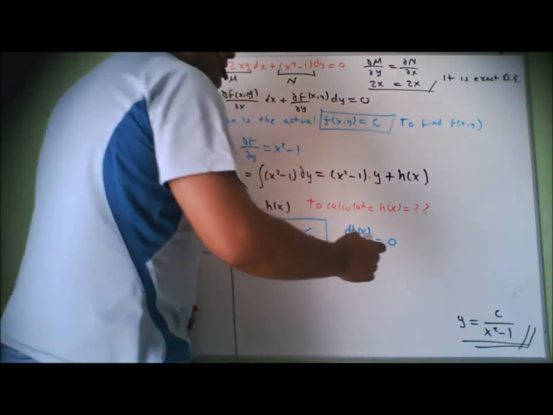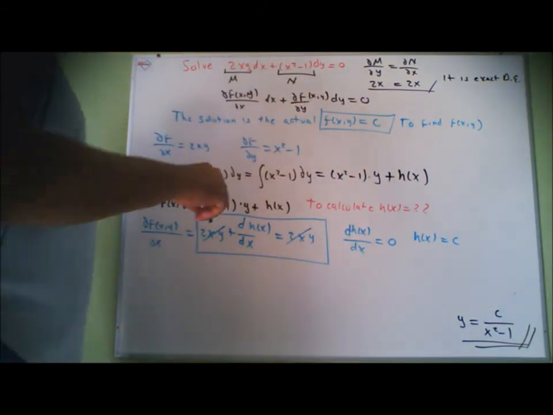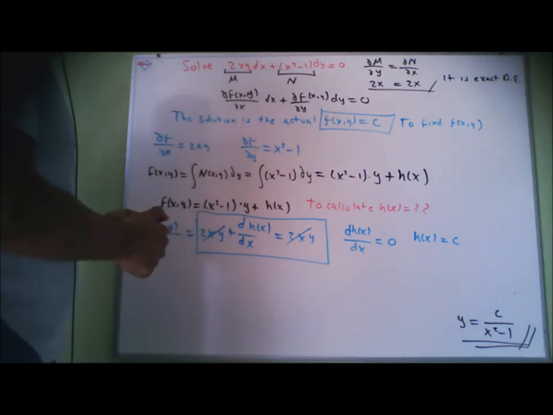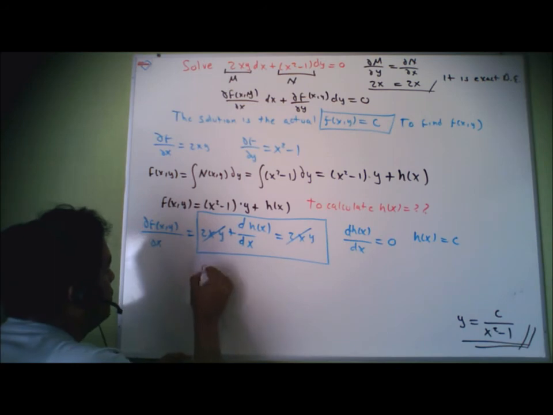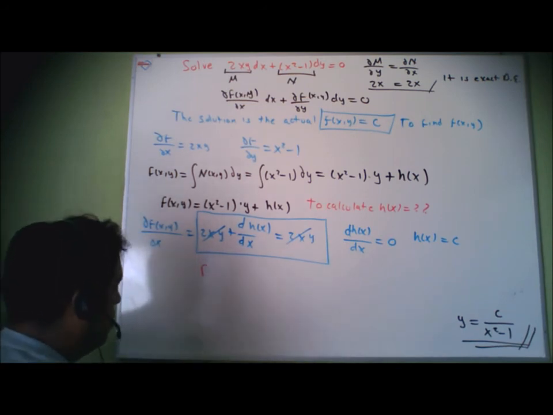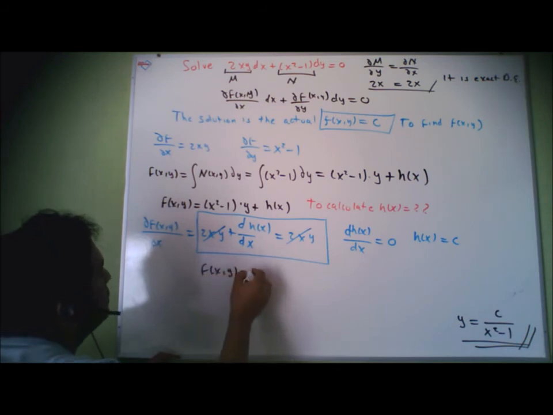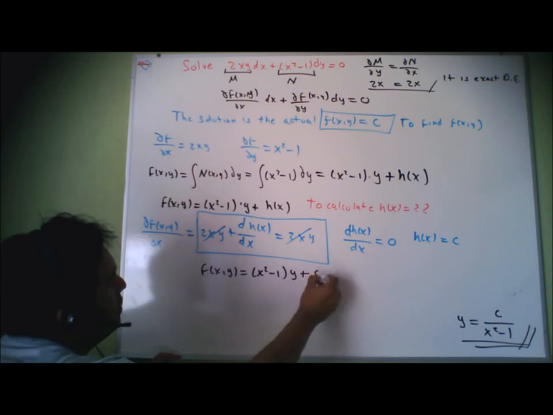Well, the answer is very straightforward. h of x must be equal to a constant, so that the derivative is equal to 0. So for this branch, h of x is just a constant. So the function of two variables is equal to x squared minus 1 times y plus the constant.